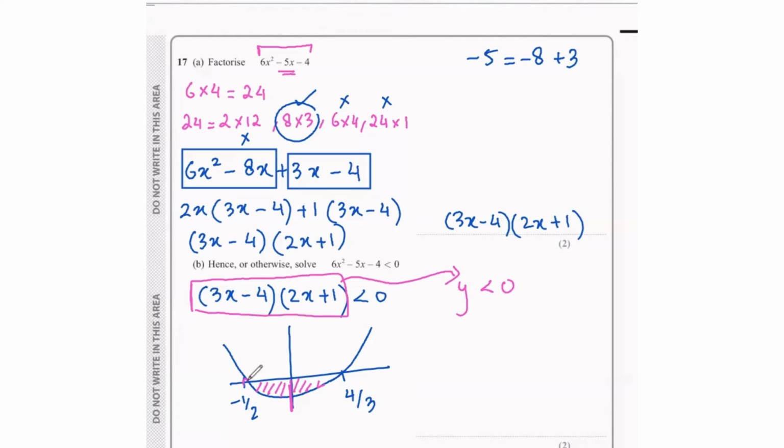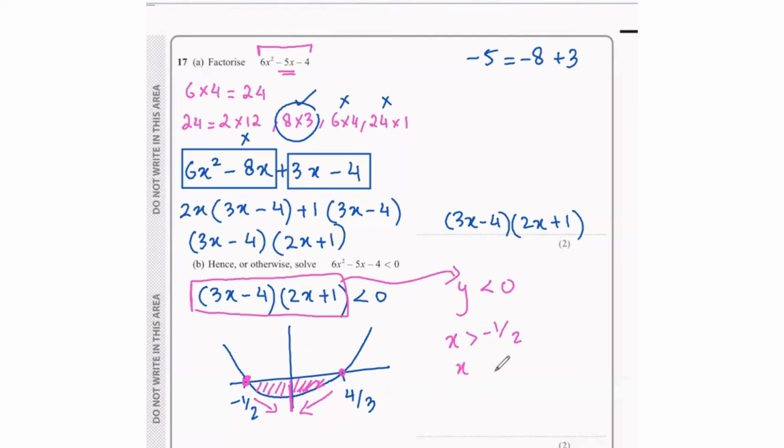At x equals to negative 1 over 2, your values of x are going in this direction, which means they're increasing. At x equals to 4 over 3, your values of x are going in this direction, in this chosen area, and they're decreasing. So over here at -1/2, they're increasing.